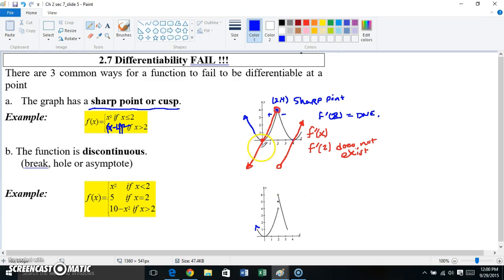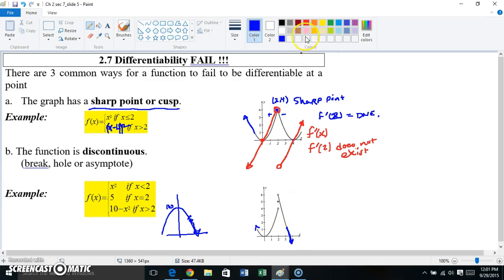Remember, 10 was up here, and this is a negative, opening downward parabola. We're just looking at this piece of it out here. It seems like it's not the right concavity, but we're going to pretend it's going downhill like that.